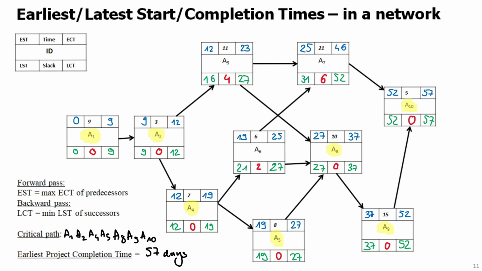And just one more word of caution, the slacks are not independent. So it might be that, for example, a delay here by 2 days and a delay here by 4 days are fine. They will not delay the whole project.